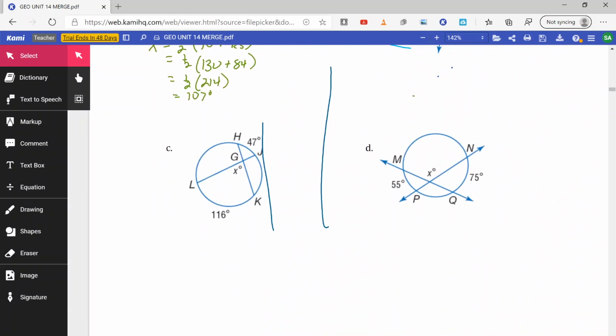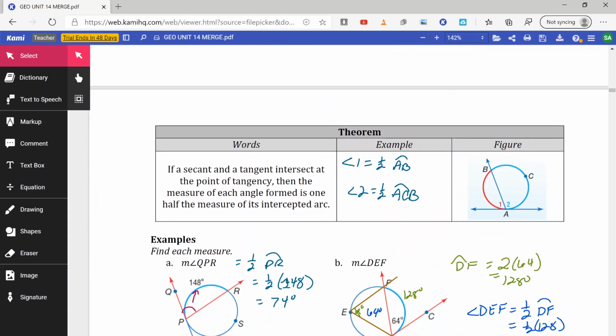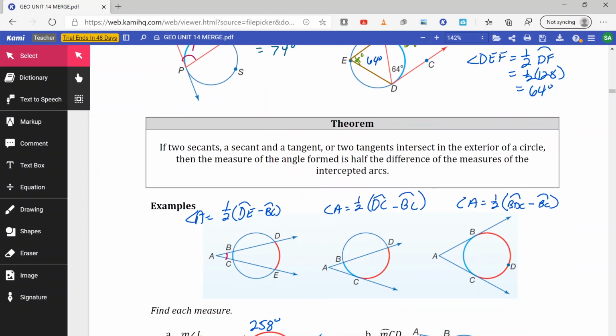If our points of intersection are on the outside, I'm going to subtract the bigger intercepted arc and the smaller intercepted arc and then cut it in half. So again, chords and secants intersecting inside, I add the vertical arcs, cut in half. If the point of intersection is on the outside of the circle, I subtract the intercepted arcs and then I cut in half.